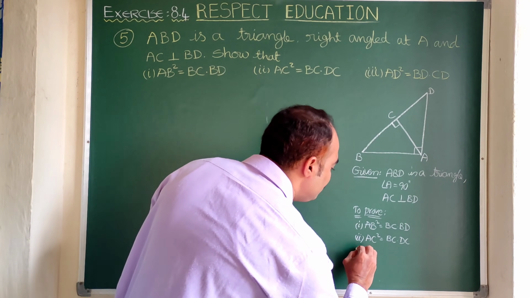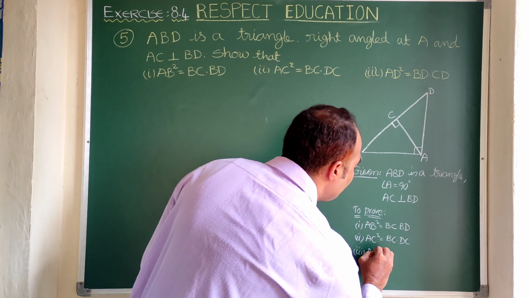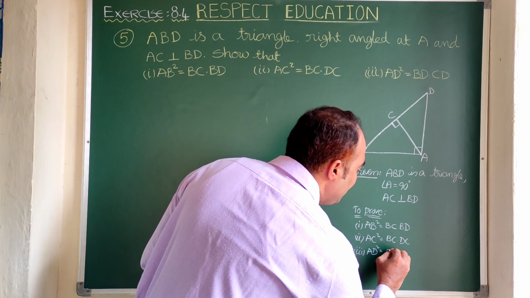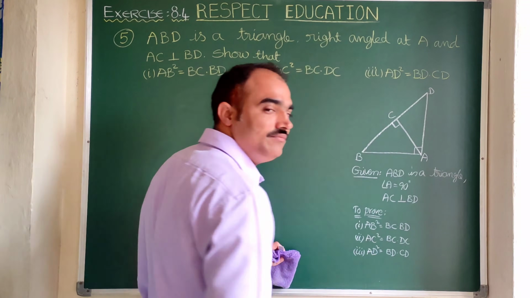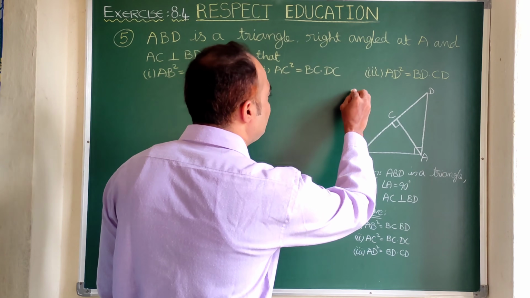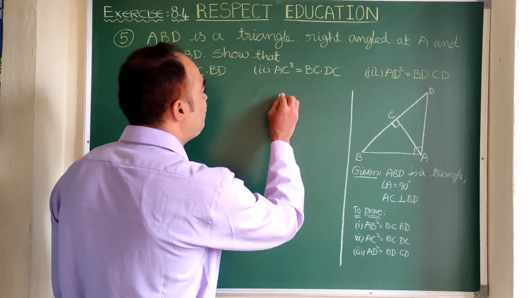And third one, AD square equal to BD into CD. These three are to be proved. Now let us enter the proof.